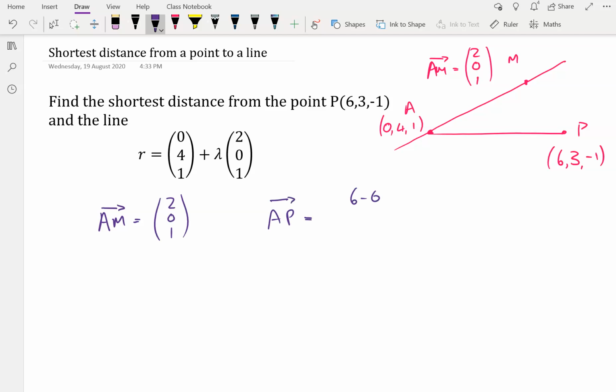In other words, we have a displacement vector of (6, -1, -2). That's the displacement vector AP. Now, AM has a magnitude that I can work out, and that's going to be the square root of 5. And AP has a magnitude that I can work out, and that's going to be the square root of 36 plus 1 plus 4, the square root of 41.